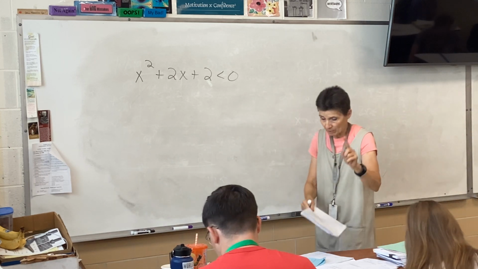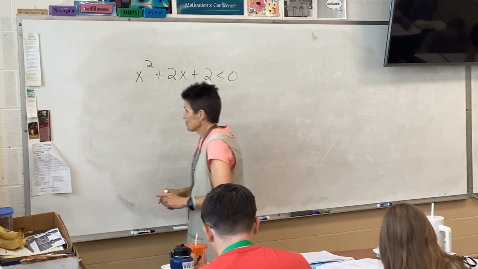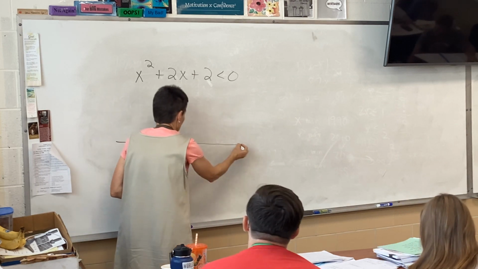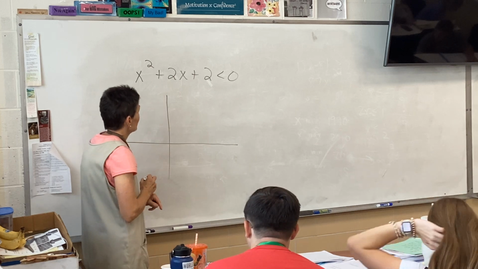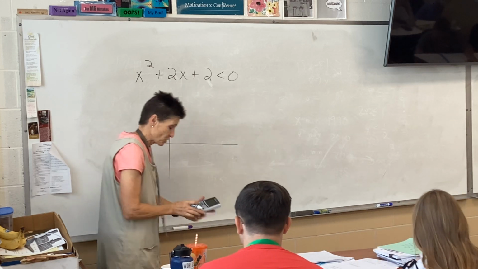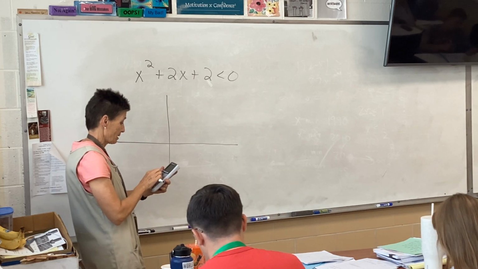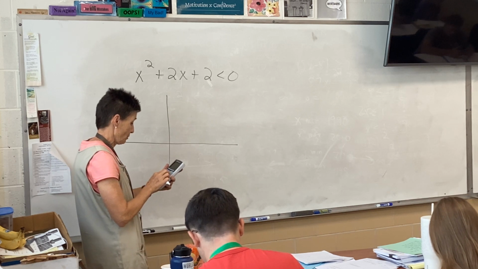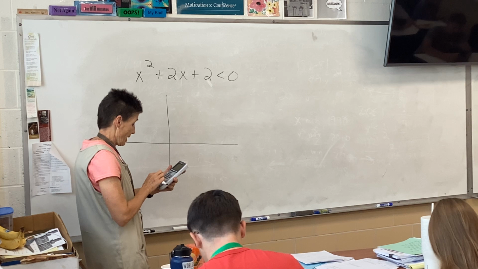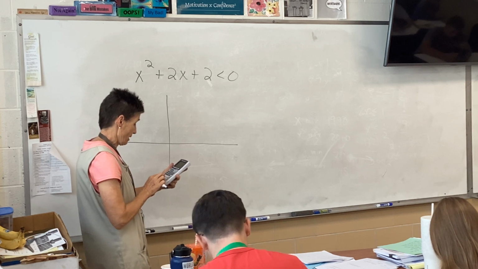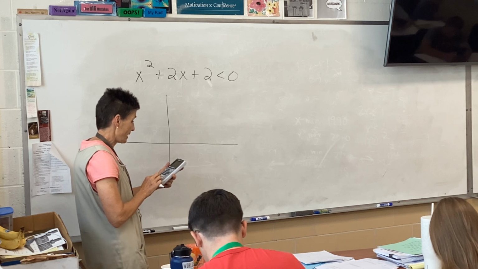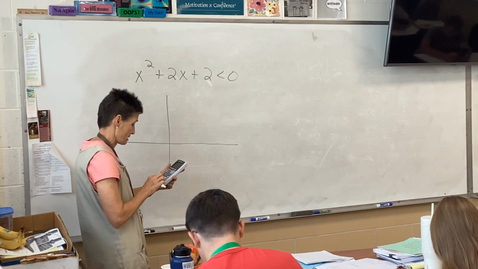Solve with calculator. So, take a look at this picture. I'm going to sketch that thing. Clear out my old equation, put in my new. I have no idea how my window's set. So I'm just going to go ahead and zoom 6.